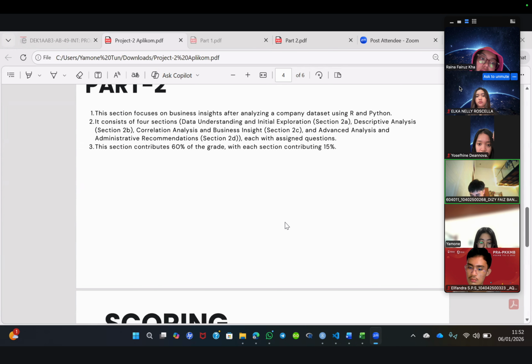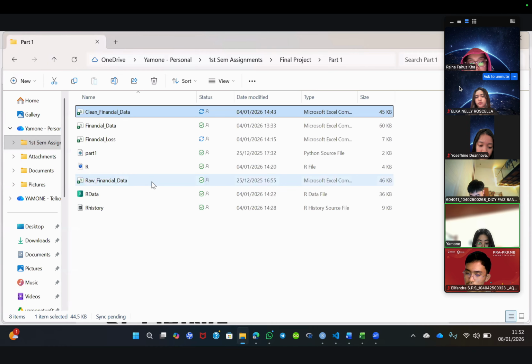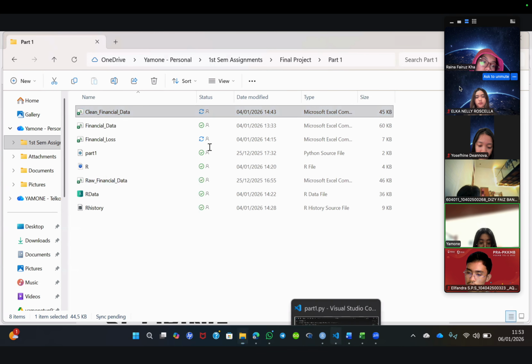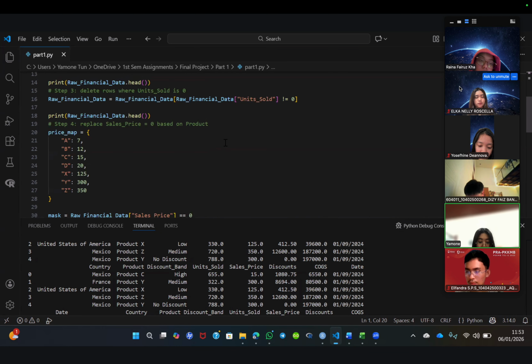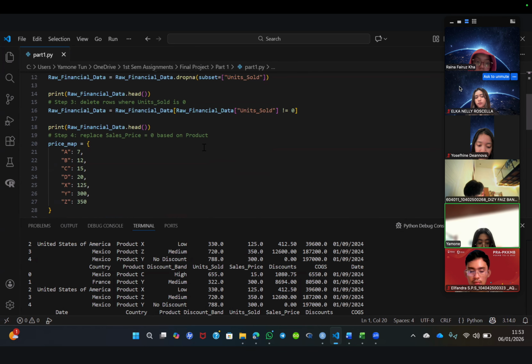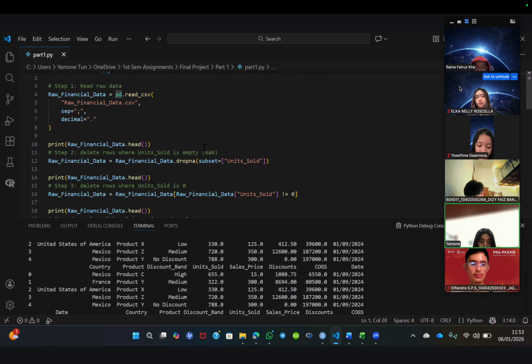So for Part 1 and Part 2, first we downloaded the raw financial data, and then we used Python to first check the dataset structure and delete the rows where unit sold was empty or equal to zero.